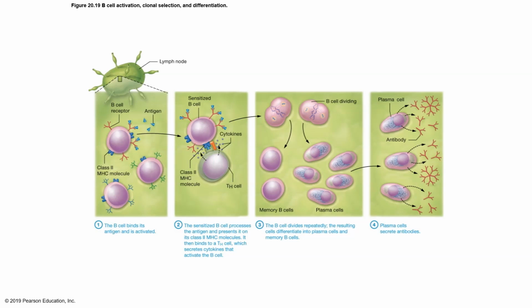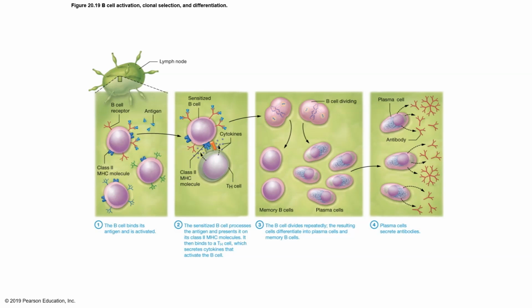But remember, for this to occur, first you have to activate the B cells. And that involves exposure to the antigen that are present on those class 2 MHC molecules. Once that stimulated B cell processes the antigen, it presents it on its class 2 MHC molecule, like you see in the illustration here.